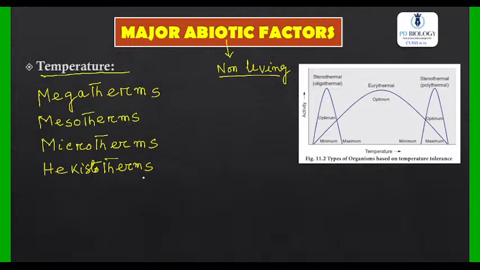So depending upon their ability of tolerance to variation in surrounding temperature, organisms are of two types: the stenothermal and eurythermal.